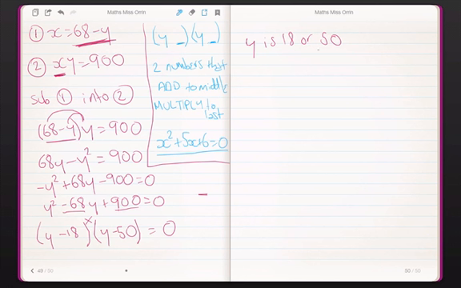Now we have two different answers here and we can check them in our equation. So let's go back and check them in equation number 1. So x equals 68 minus 18. Oh, why did I write x? Sorry. So x equals, and instead of y up here, I've put 18.